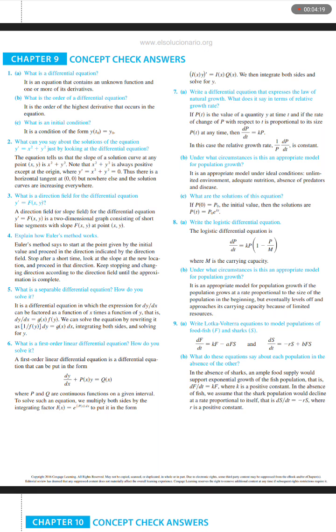To solve such an equation, we multiply both sides by the integrating factor, which is I(x) = e^(∫P(x)dx), to put it in the form (I(x)y)' = I(x)Q(x). We then integrate both sides and solve for y.